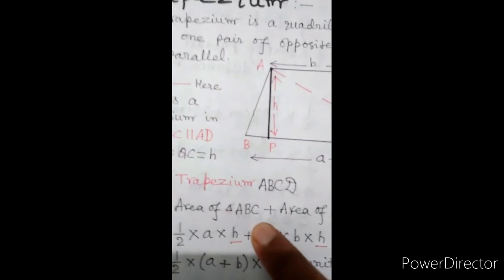Area of trapezium ABCD is equal to area of triangle ABC plus area of triangle CDA is equal to half.